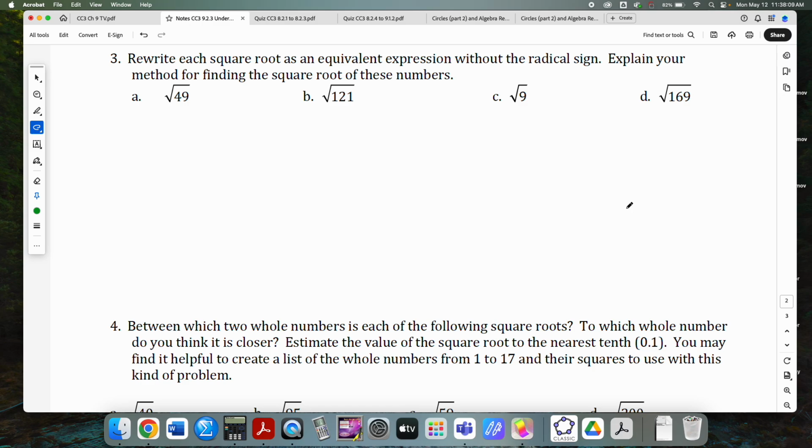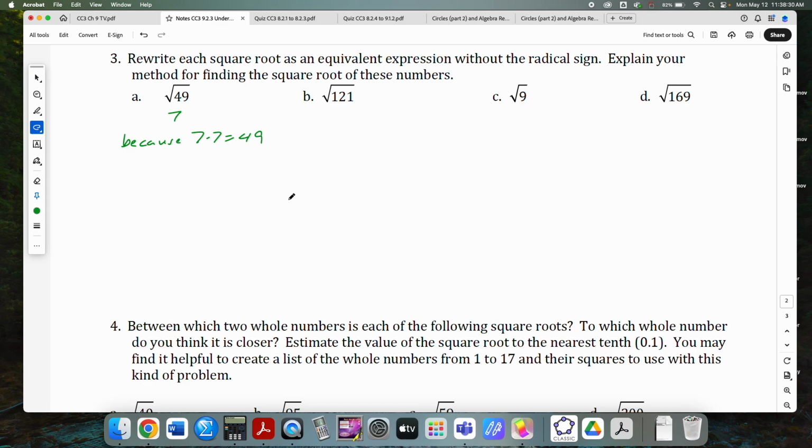So for this first one, square root of 49 is 7, because 7 times 7 equals 49. Exactly right. That's the explanation part. You can do these other 3 very quickly.